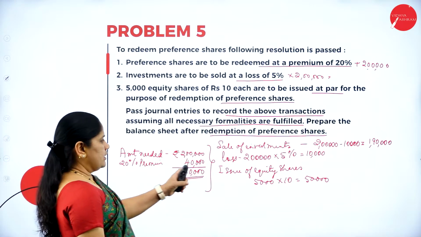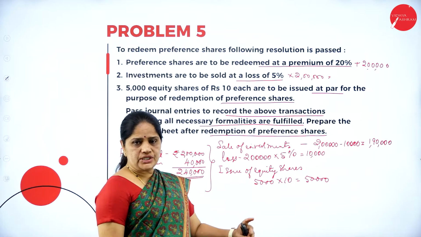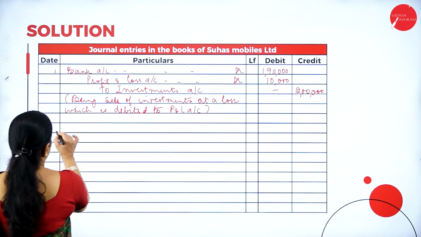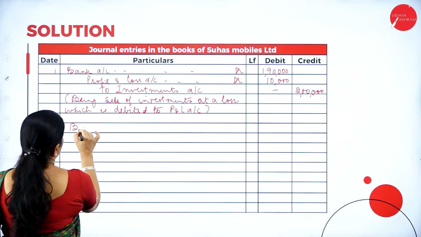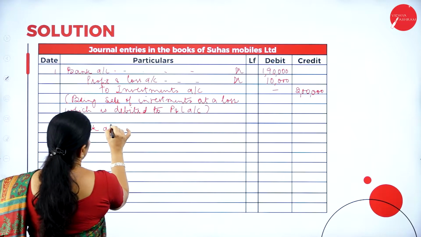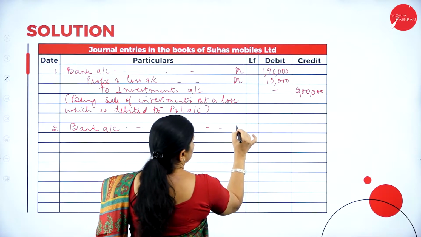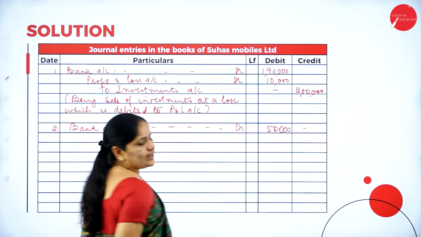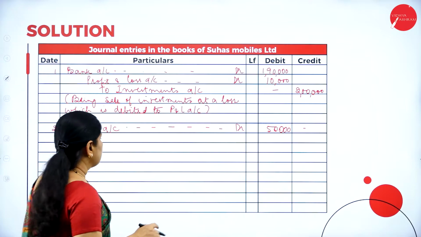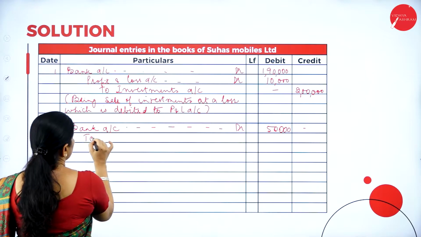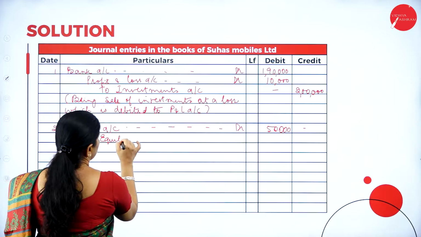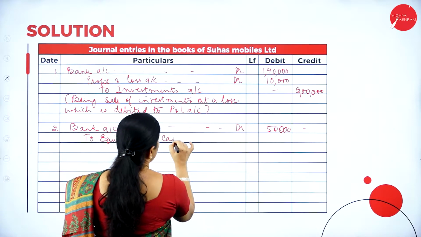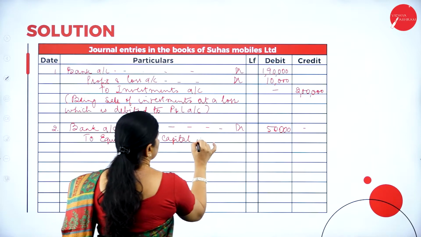Now, next we have the issue of equity shares. So we pass an entry for issue of equity shares. So I write bank account debtor 50,000. Since the equity shares are issued at par, there is no premium here, to equity share capital account.